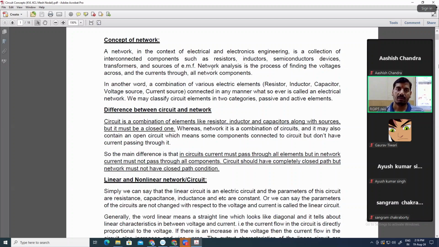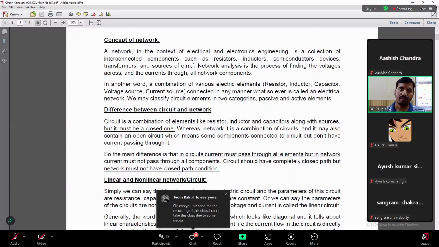Network analysis is the process of finding the voltages across and currents through all network components. In other words, the combination of various electric elements such as resistor, inductor, capacitor, voltage sources, current sources, connected in any manner whatsoever, is called an electrical network.